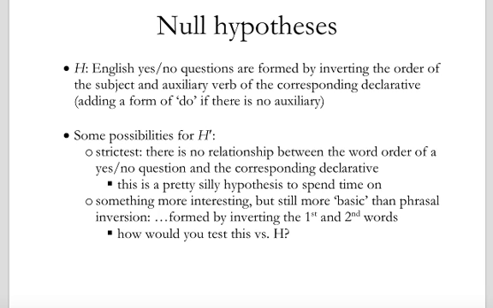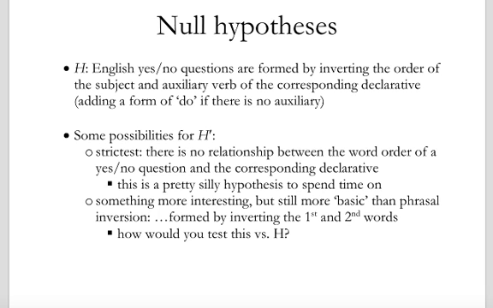So here's my suggestion for a more interesting alternative that's still more basic than phrasal inversion, which is how I'd paraphrase the original one up there. English yes/no questions are formed by inverting the first and second words of the sentence. Right? John has eaten. Has John eaten? Children love candy.